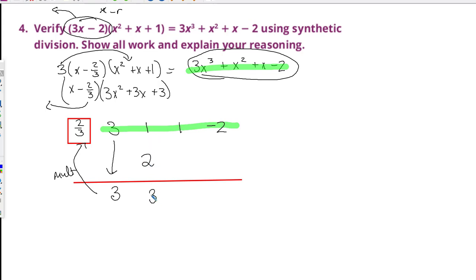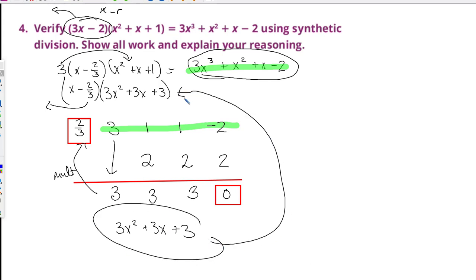Add gives me 3. Multiply gives me 2. Add gives me 3. Multiply gives me 2. And so that box for my remainder is 0. And so that became 3x squared plus 3x plus 3. These two match. So it checks out.